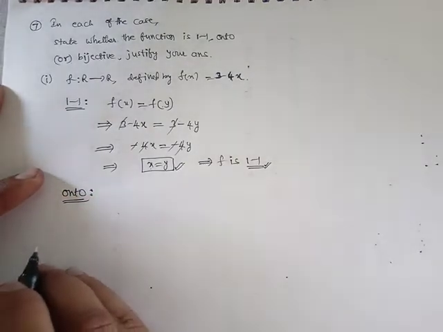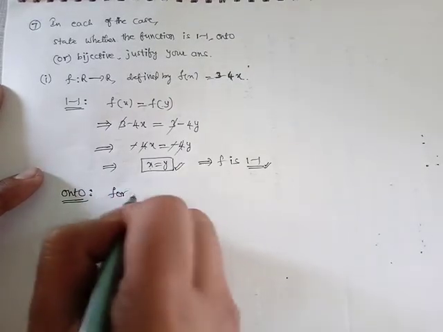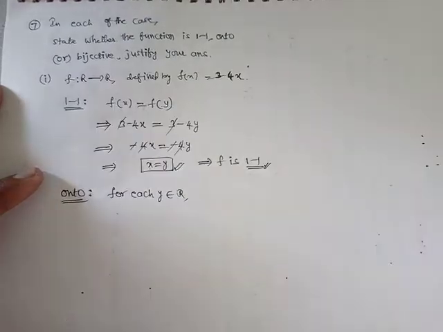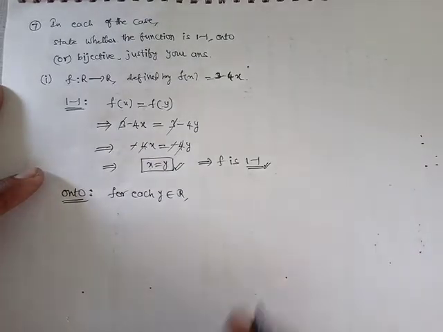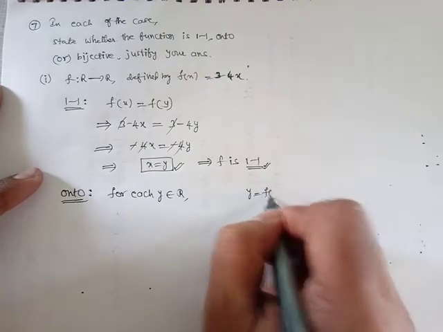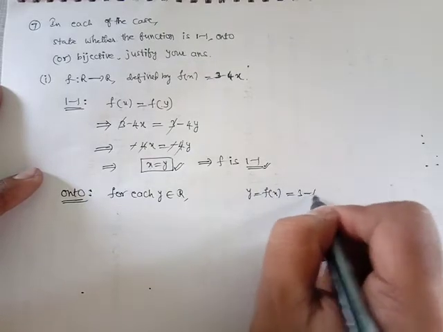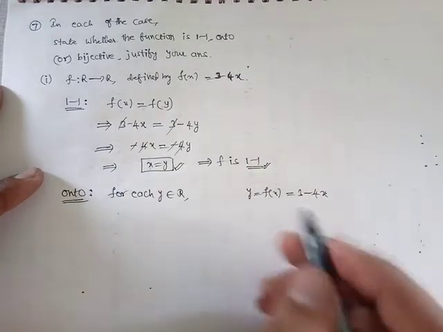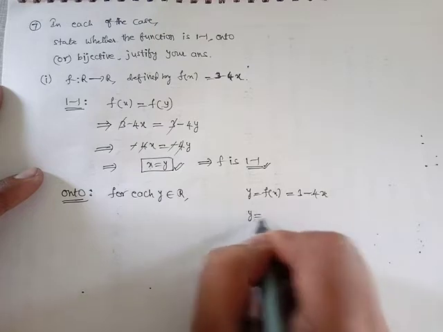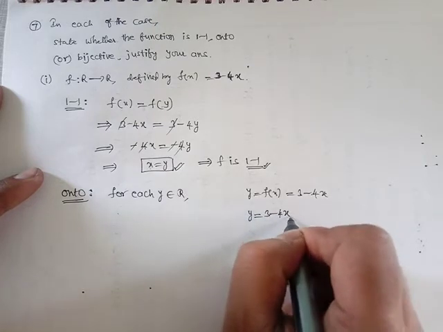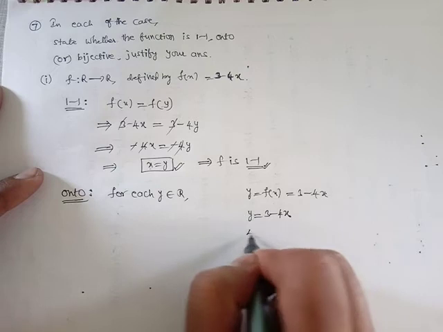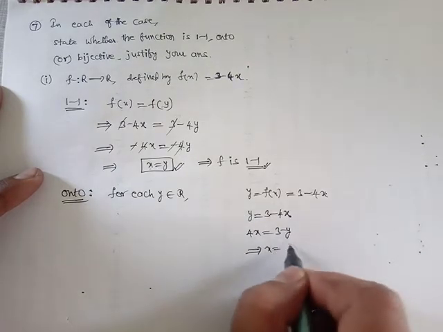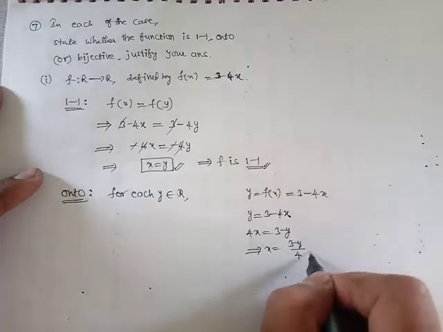From the definition of an onto function, for each y belongs to R, equate y = f(x) = 3 - 4x. We want to get the value of x, so 4x = 3 - y. This implies x = (3 - y)/4.